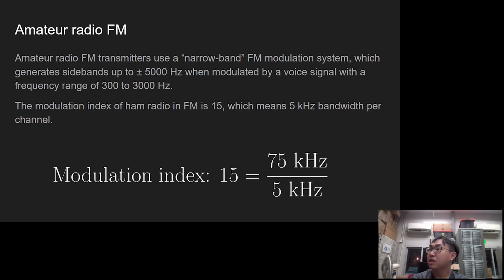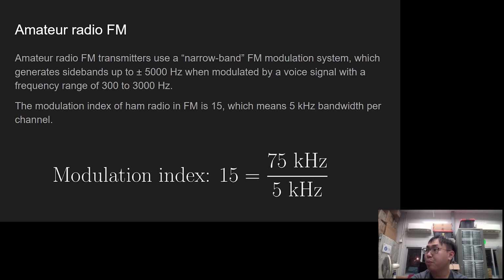For normal broadcast, in our amateur radio FM transmission, we use a narrowband FM system, which uses around 5 kHz for the voice signal. For our ham, we always mention that our modulation index is 15, which means 5 kHz bandwidth.